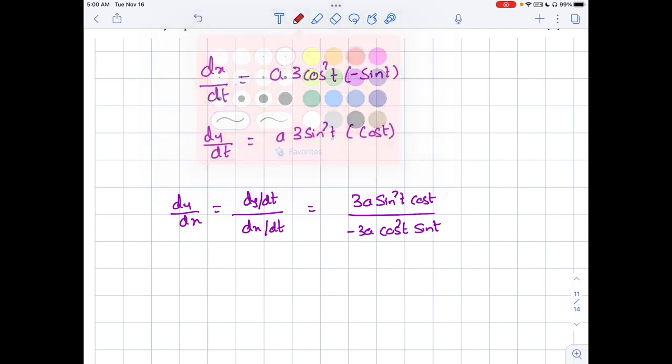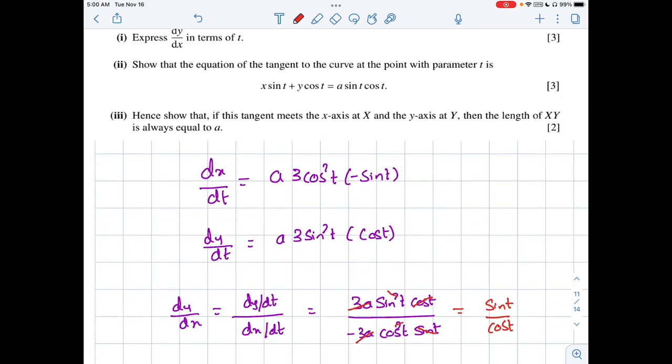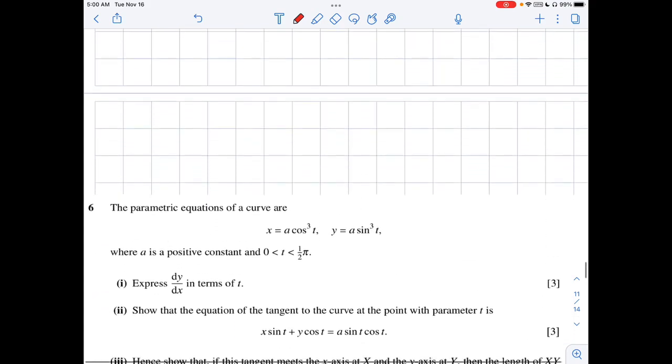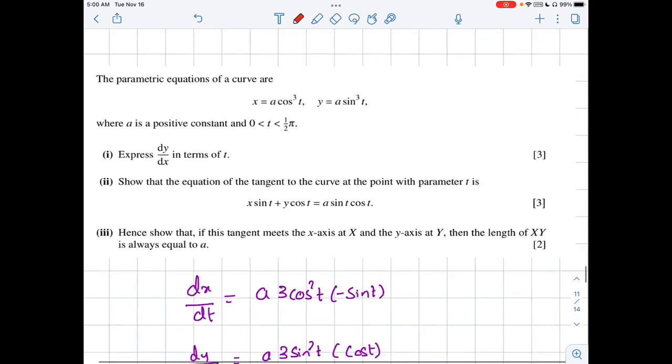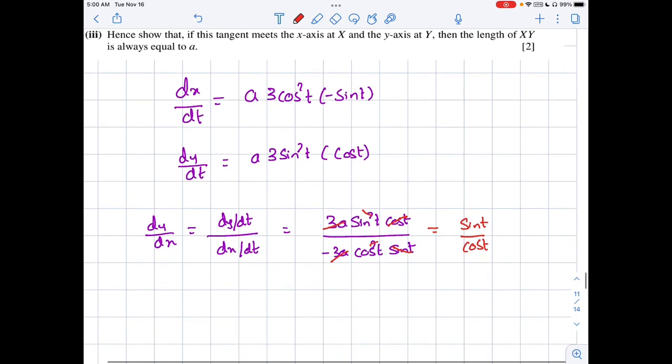Then I can cancel 3a, 1 cos and 1 cos gets cancelled, 1 sin and 1 sin gets cancelled, sin t upon cos t. He's asking express dy by dx, which is nothing but minus tan t.